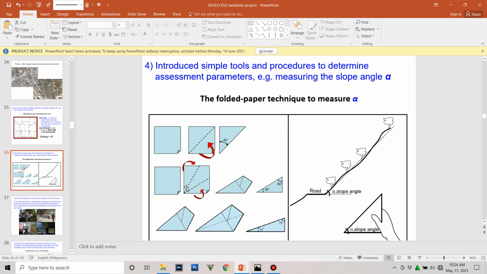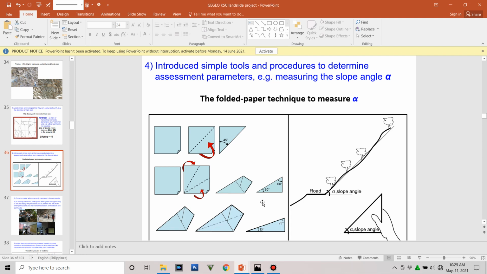If you're going to divide this into 3, that is also 30 degrees. And if you have established folding that, the other angle, tapos meron siyang 90 degrees dito, that is 60 degrees. And then, yan, 15 degrees naman with this one.